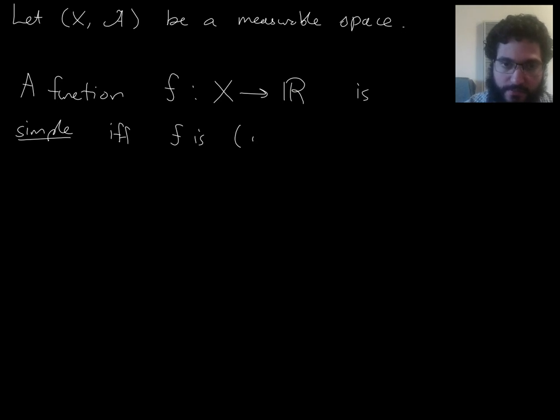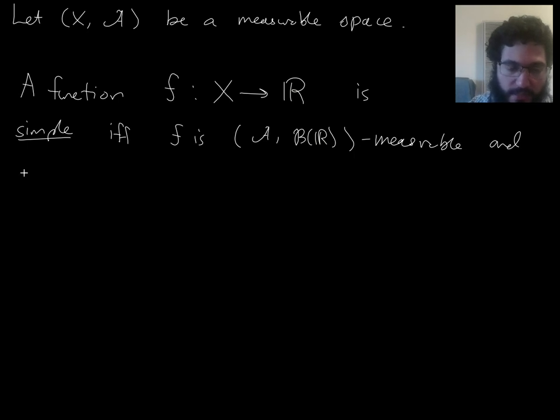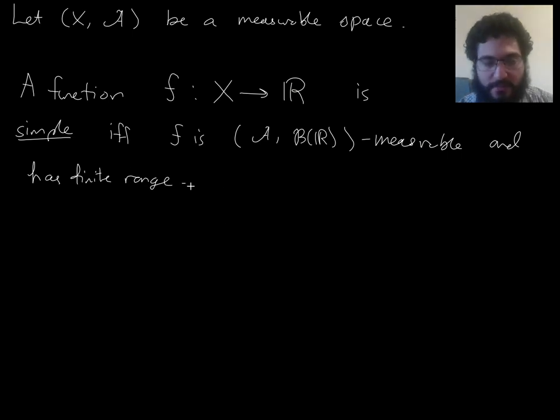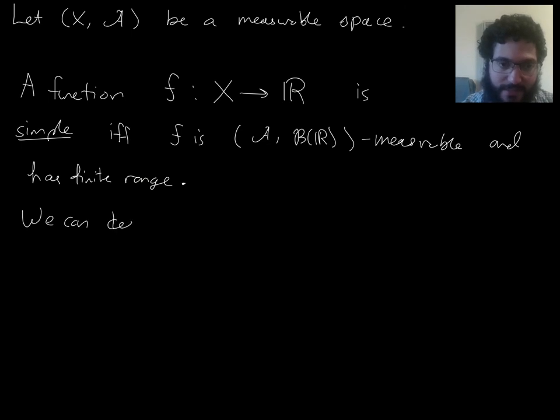So the range of f is the collection of outputs, where a simple function is one that has that being finite and is measurable. Okay, so what are the simple functions? We can actually describe them all pretty explicitly.